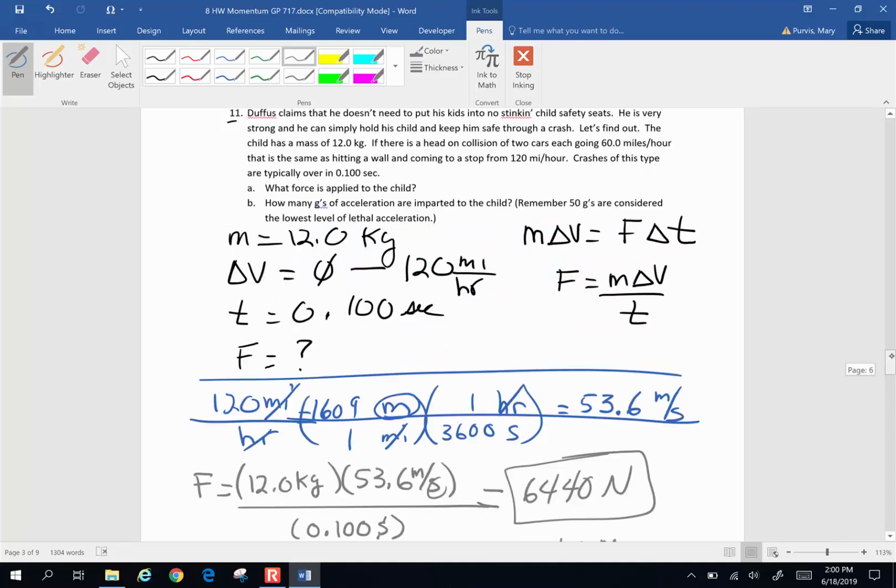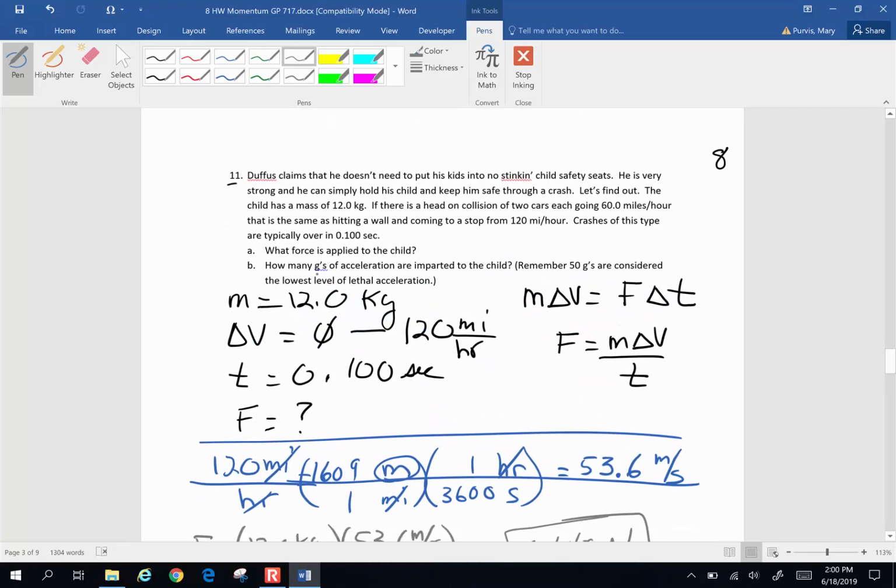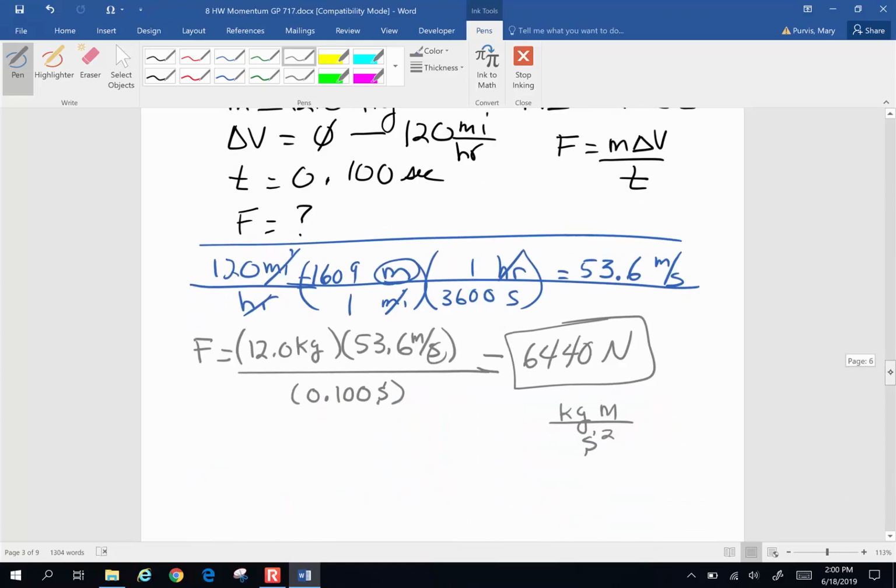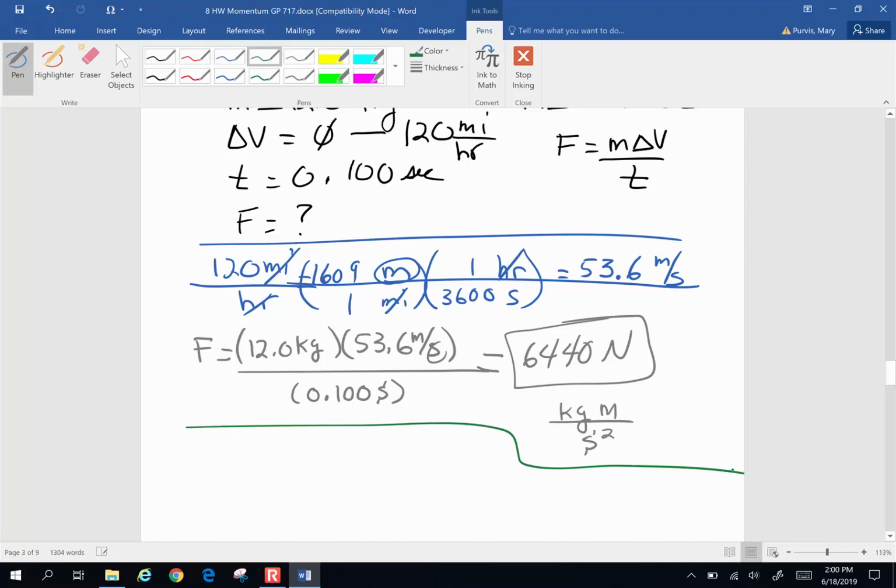The second part of this question is how many g's of acceleration are imparted to the child, and remember, 50 g's are considered lethal. How do you figure g's? Well, g's are just a shorthand way of describing acceleration. We're going to go back to our old friend F equals ma. Acceleration is the force applied divided by the mass.